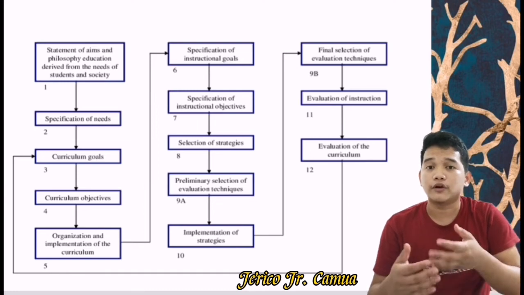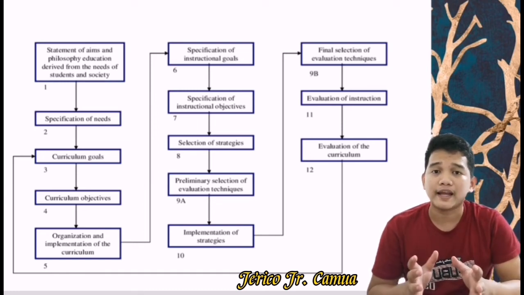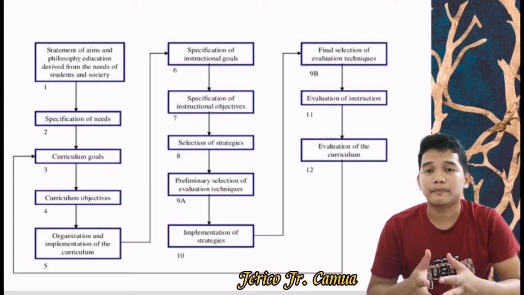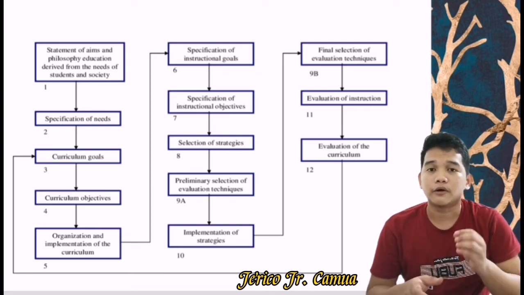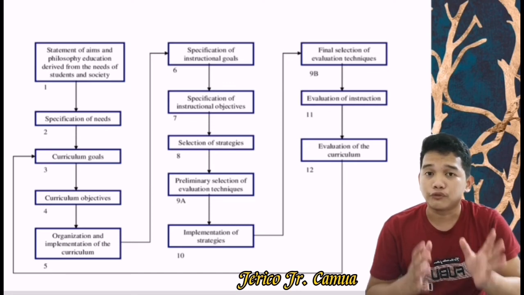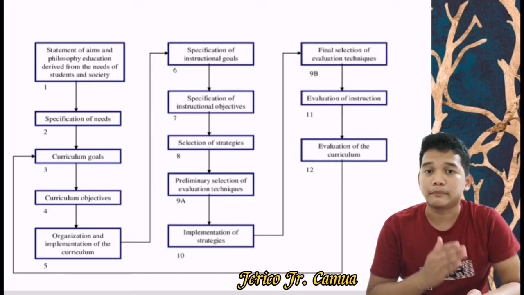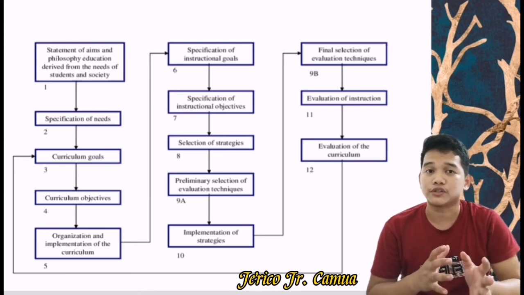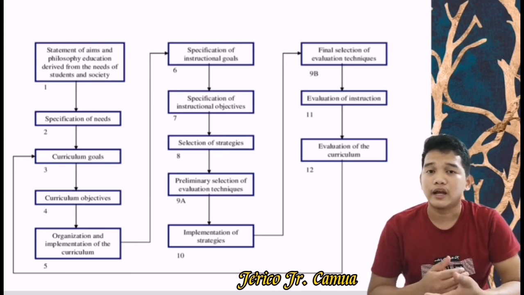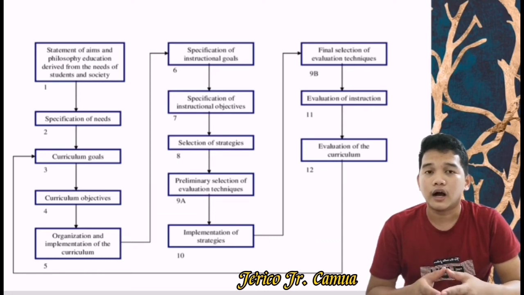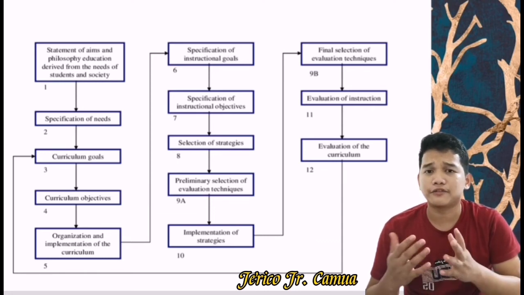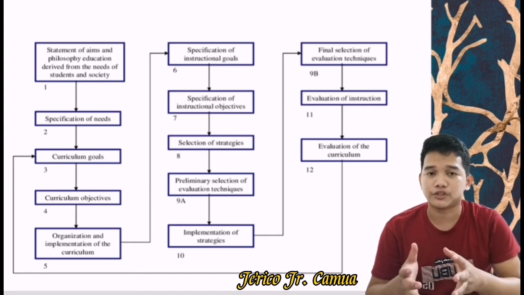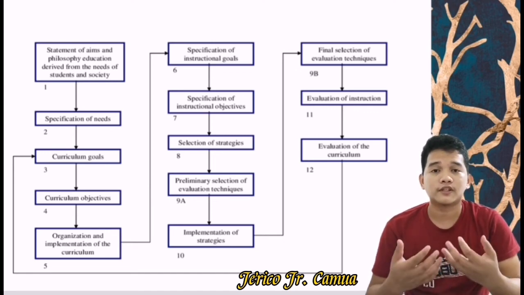This model combines a theme for curriculum development that we can see in components number 1 to 4 and also component number 12, and adds a design for construction that we can see in components number 5 to 11. And this is the most important feature of this Oliva model.